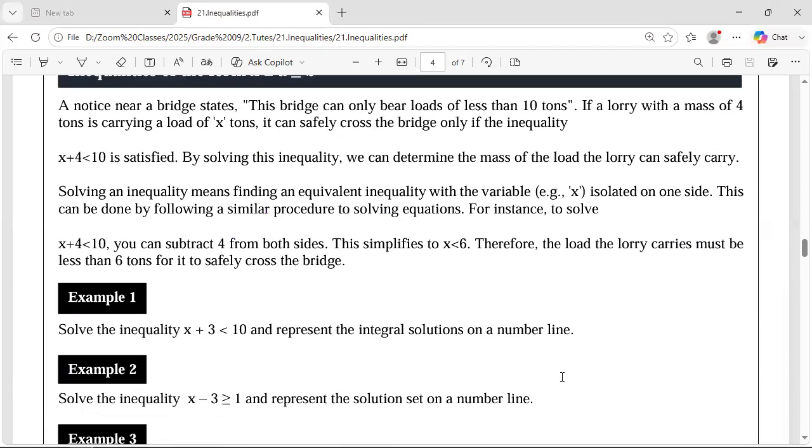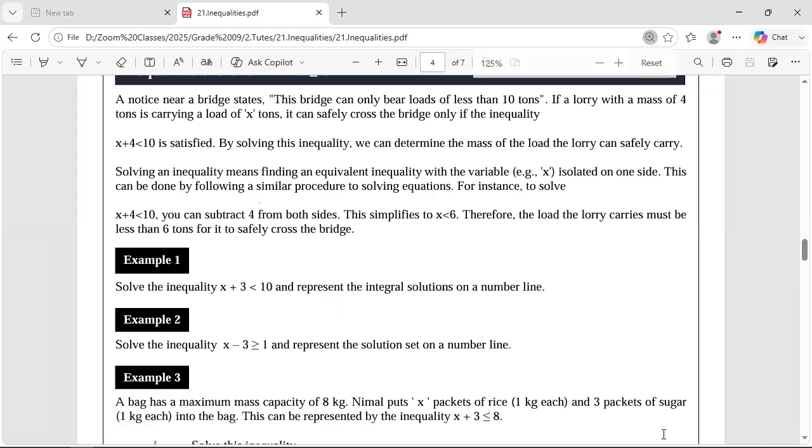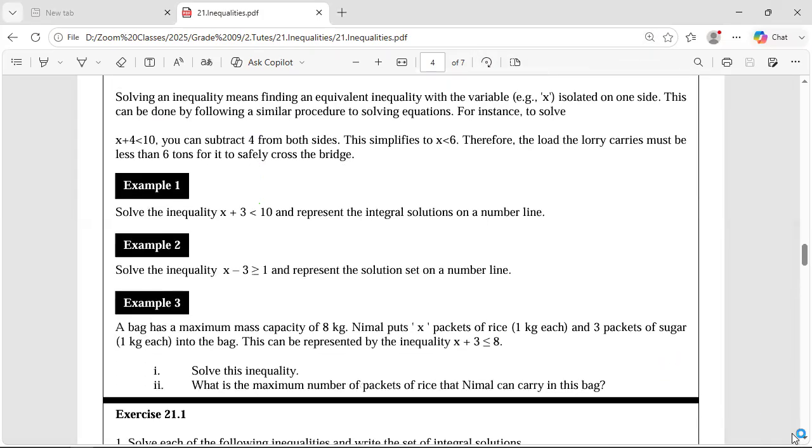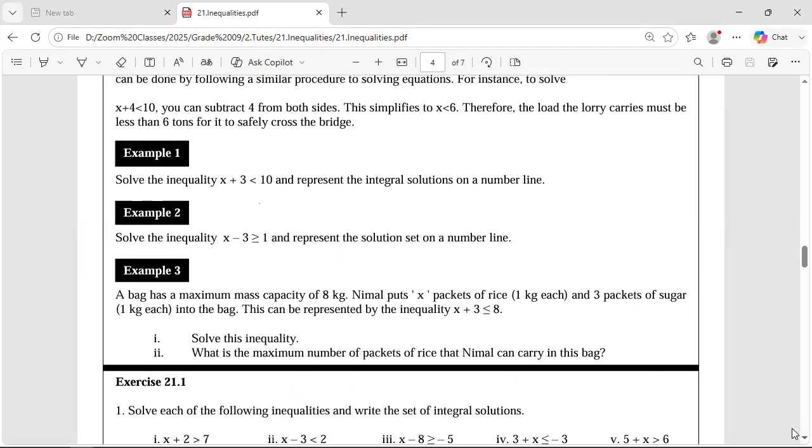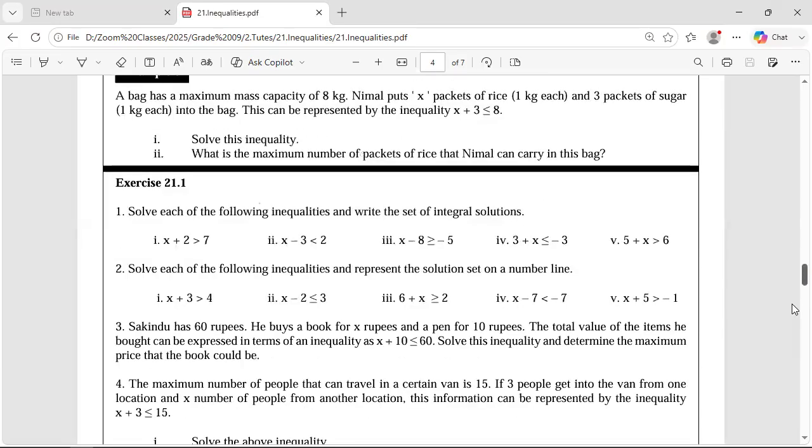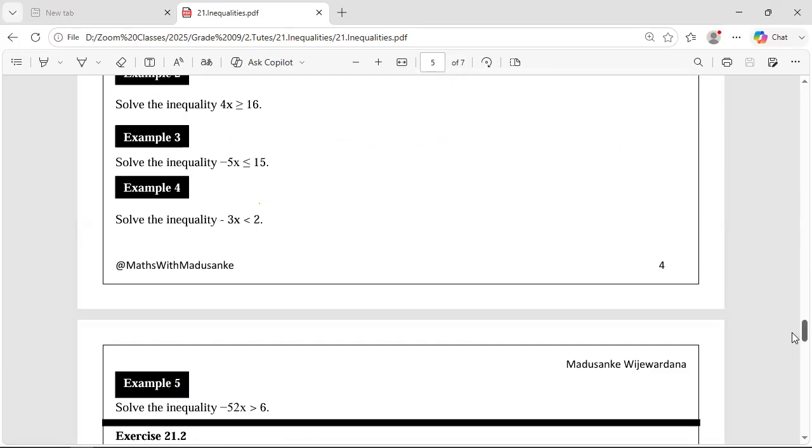So when it comes to this, this is the easiest thing you can ever have.